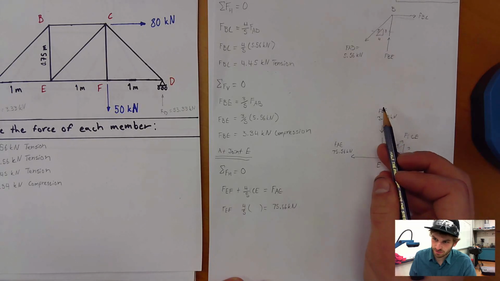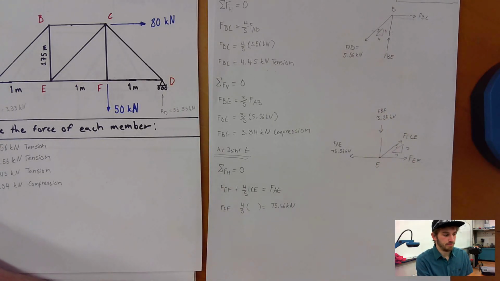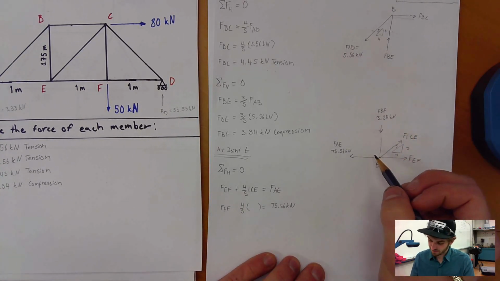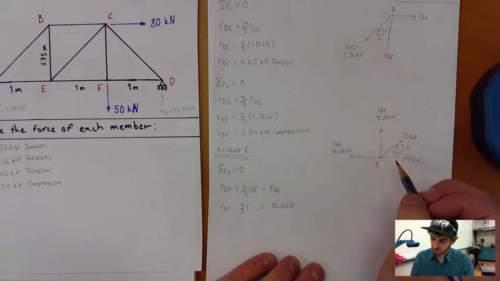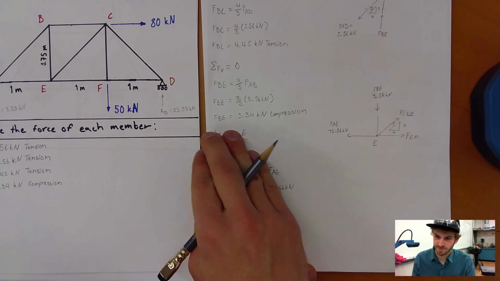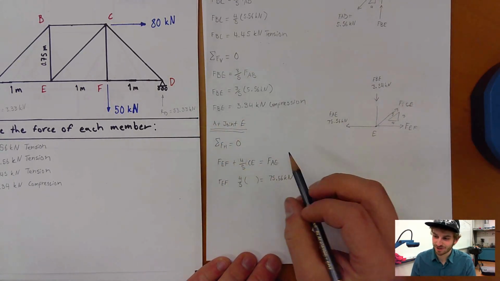I need to use the forces in FBE and FAE first in order to calculate this one. So I'm going to put a pause on that, and we're going to start looking at the forces in the vertical direction. Sorry for leading you astray here.